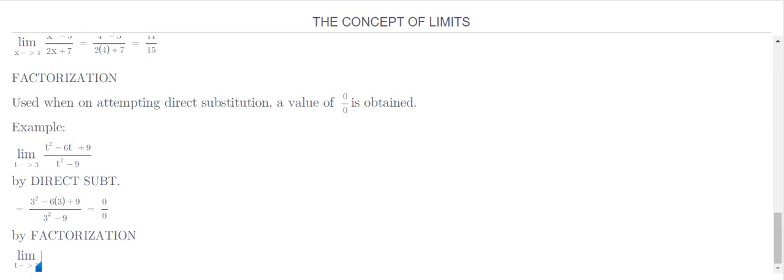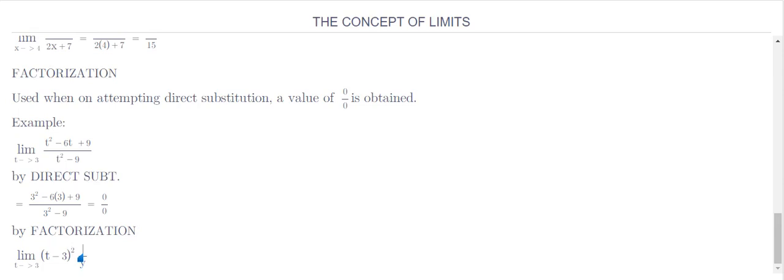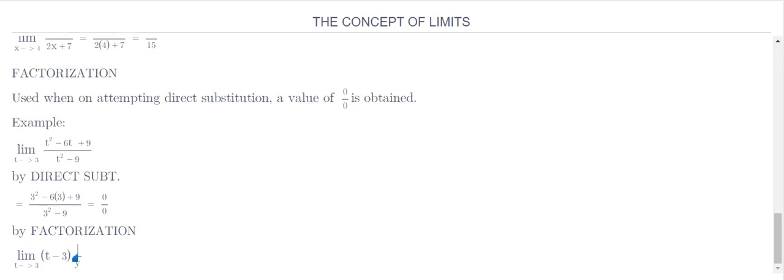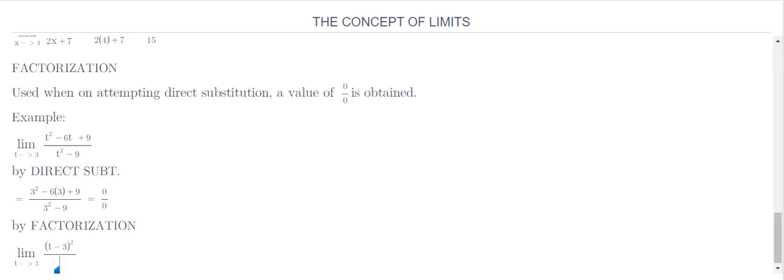Our numerator can be factorized into t minus 3 squared. I'm saying our numerator can be factorized into t minus 3 squared. I'll of course show that later.